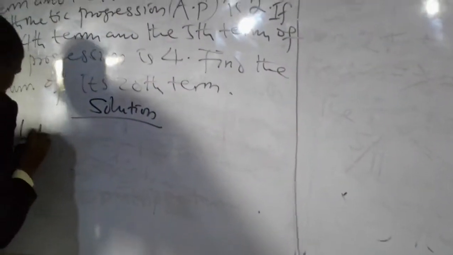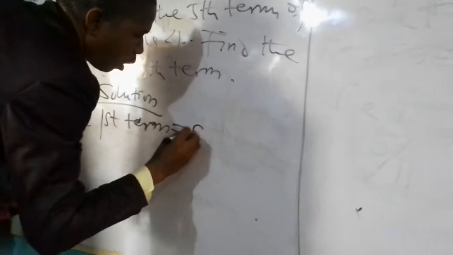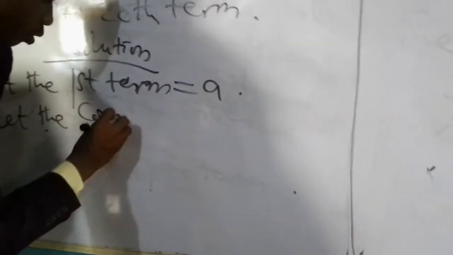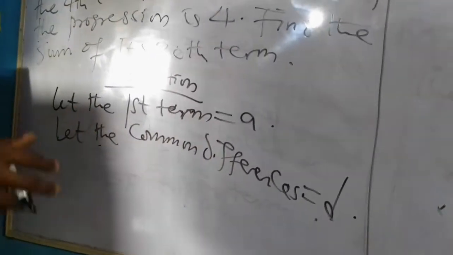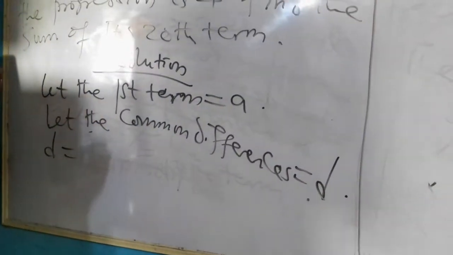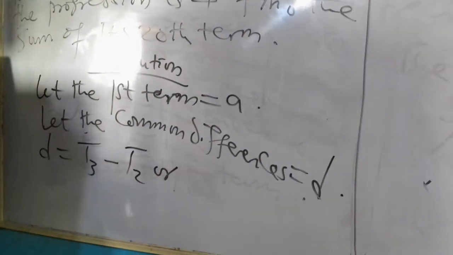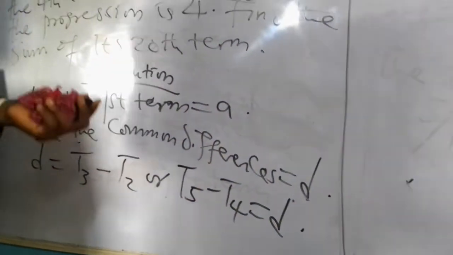Then we say let the first term be A, and let the common difference be D. To get the difference, D equals T sub 3 minus T sub 2, or T sub 5 minus T sub 4, which is also our common difference.